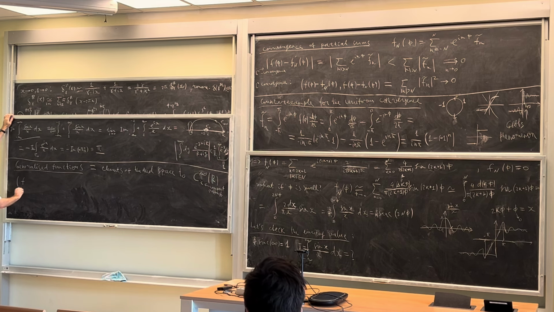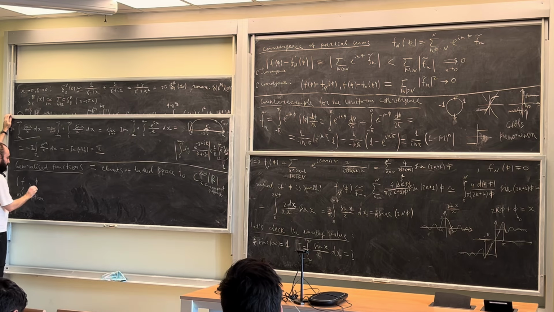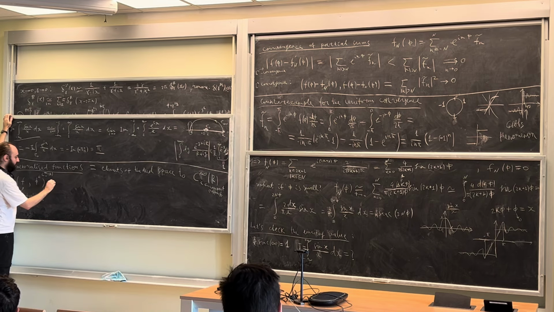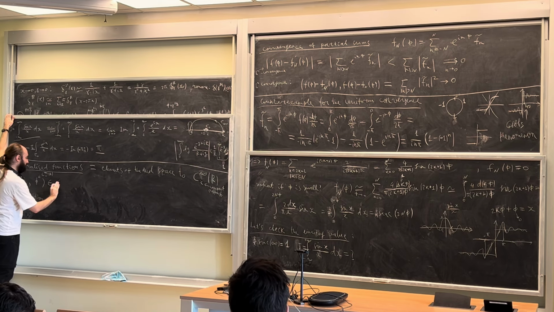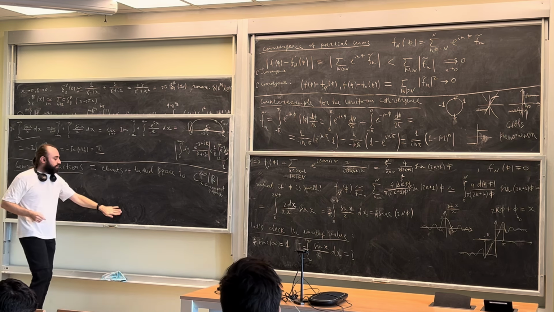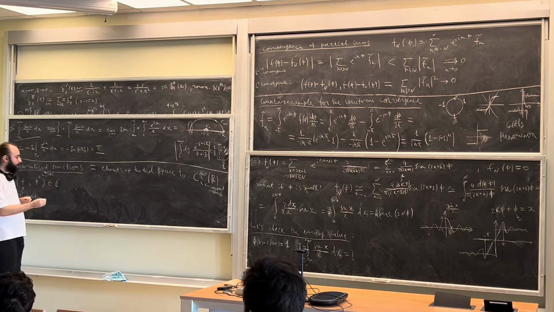So f, a generalized function, paired with phi in the compact support space of R, is some complex number, always well defined. Examples of generalized functions.